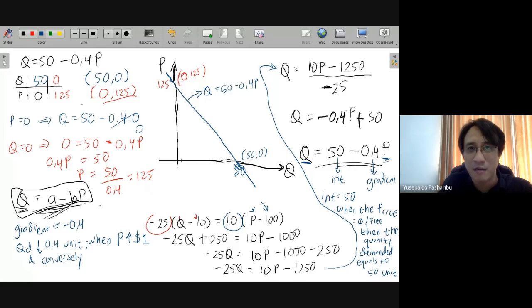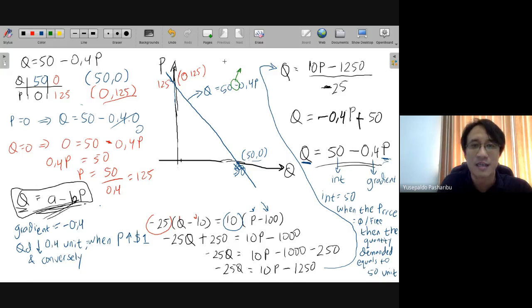So this is the complete way to draw a graph of the demand. So please write the coordinates and the line equation. Minus 0.4. Because it is minus, then the slope must be negative.